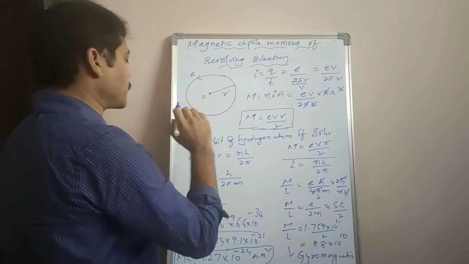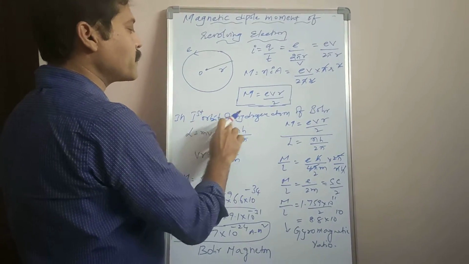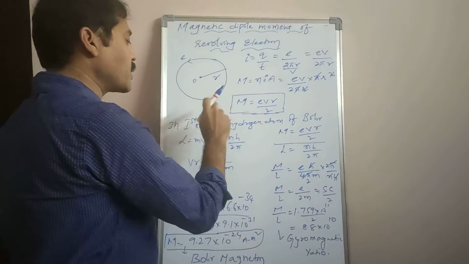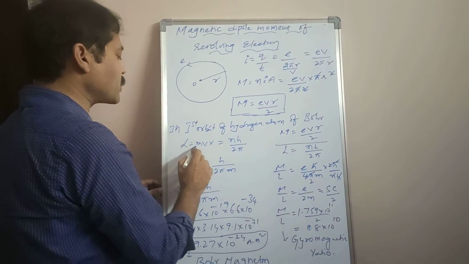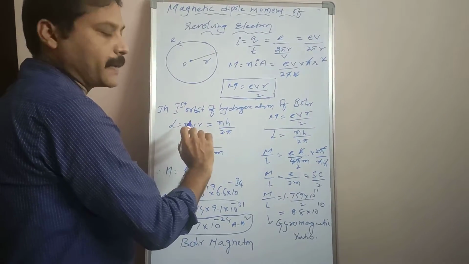Next, assume this electron is revolving in the first orbit of the hydrogen atom of Bohr's atomic model. According to the second postulate of Bohr, the angular momentum of that electron, mvr, is equal to nh by 2 pi.